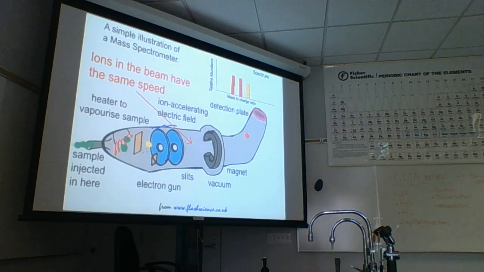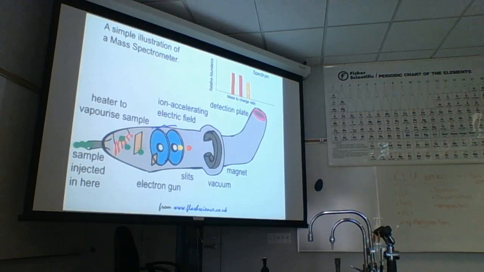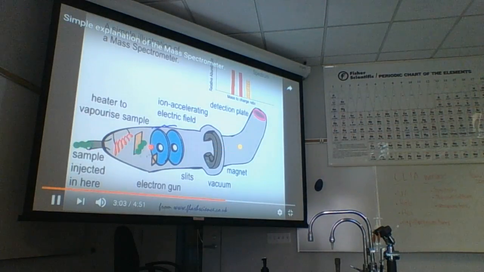Watch now as the green spheres turn to red, brown, or yellow, creating ions of different mass and charge ratio. You'll see the yellow spheres represent the ions with the greatest mass and charge. They're deflected the least, whereas the brown, they're deflected the most. They're the ions with the lowest mass and charge ratio.